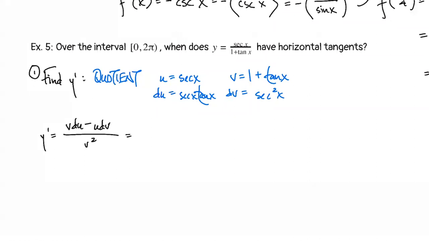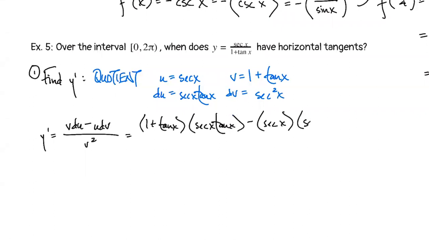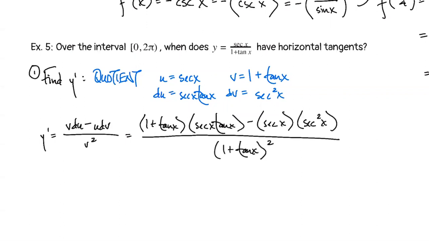Again, building that muscle memory, and now I'm going to plug everything in. 1 plus tangent x, secant x tangent x minus secant x, secant squared x, all over 1 plus tangent x squared. Whew, it's a lot of letters.